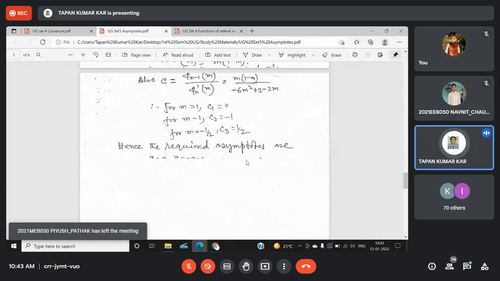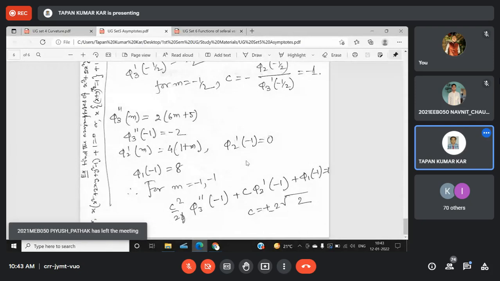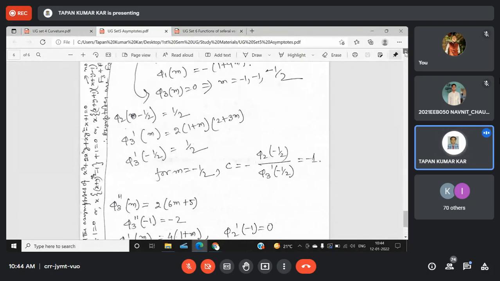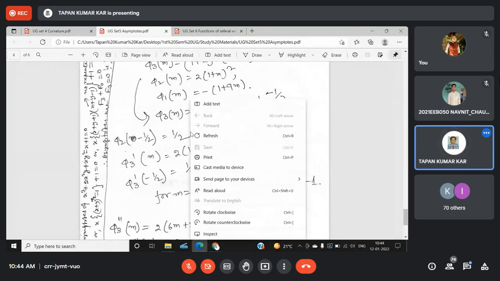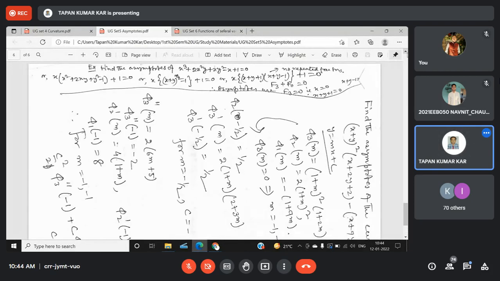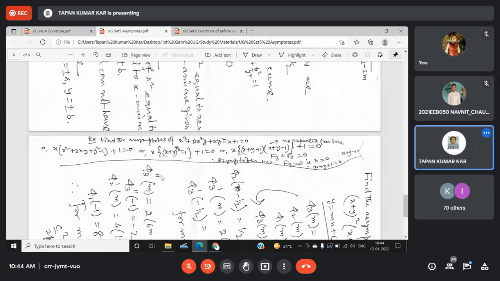Okay, come to this example. Find the asymptotes of x cube plus 2x square y plus xy square minus x plus 1 equal to 0.